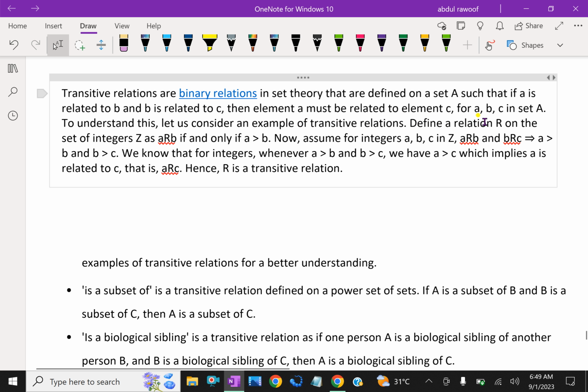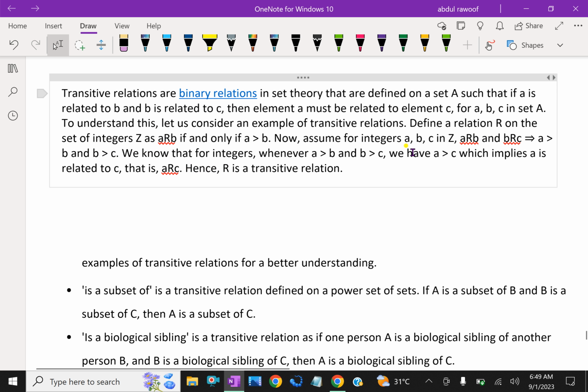For example, A, B, C in a set A. To understand this, let us consider an example of a transitive relation. Define a relation R on the set of integers Z as A is related to B if and only if A is greater than B. This is the condition.